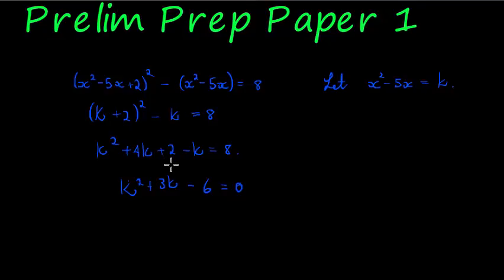Oh, sorry, I made a mistake. That is 4. Okay, so this must be k minus 4. There we go. And the reason why I knew that was wrong is because this thing can't make brackets easily. And if it can't make brackets easily, it's probably wrong.